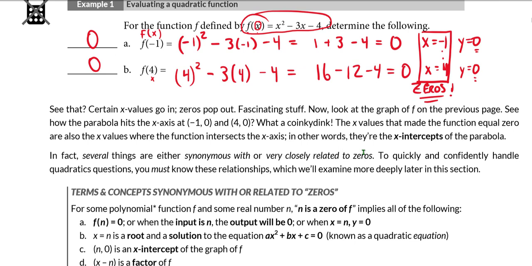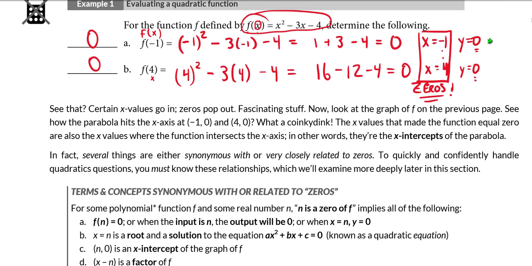And if you recall, those were the pairs of numbers that we got when we evaluated this function at -1 and 4. That is not a coincidence. When we talk about the zeros of a function, those x values, we are also talking about the x values at which the function will intersect the x-axis, the points at which the parabola that the function corresponds to will intersect the x-axis.